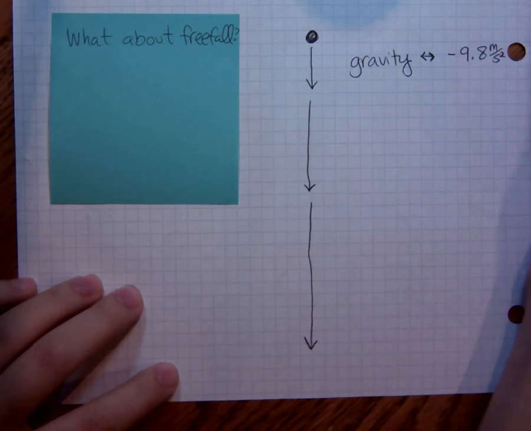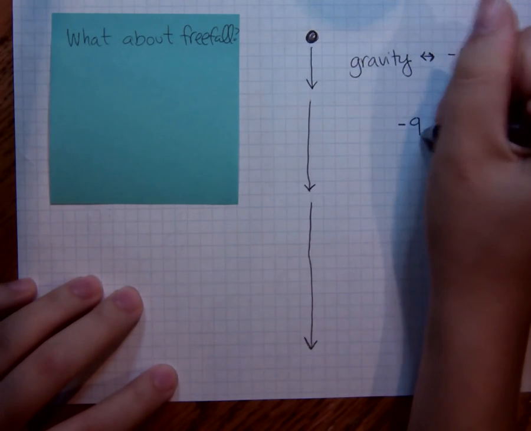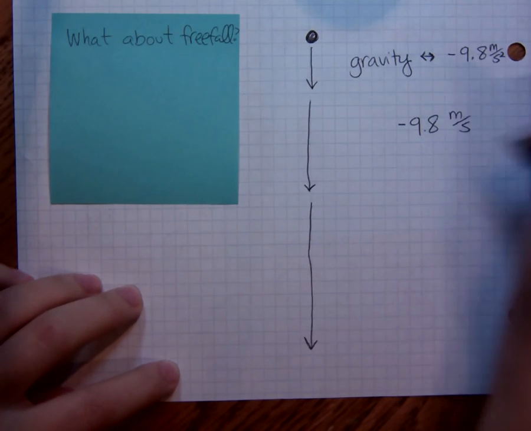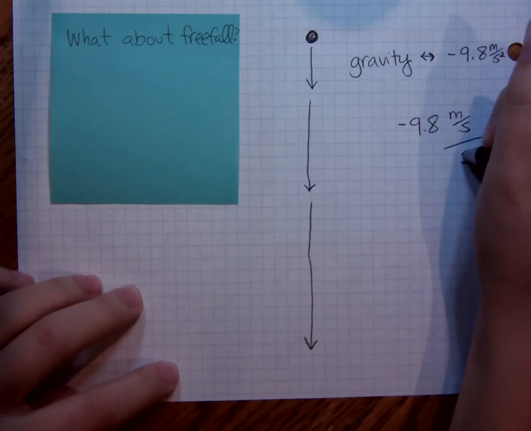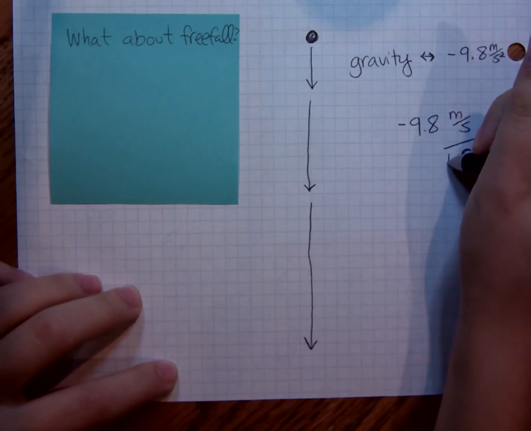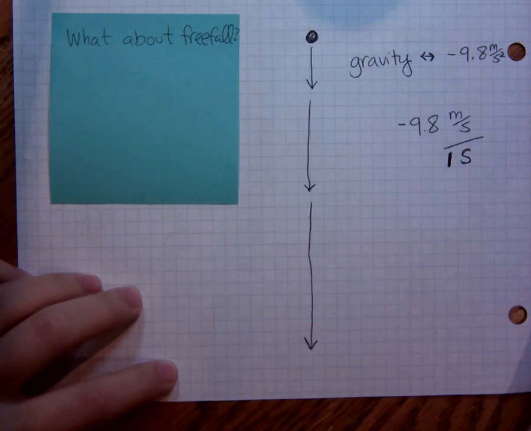Or, you could think of it this way, it's negative 9.8 meters per second per second. So a way to think about this is for every 1 second that my ball is falling, its velocity changes at a rate of negative 9.8 meters per second.